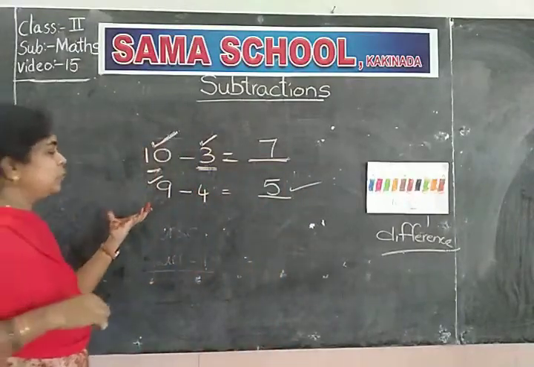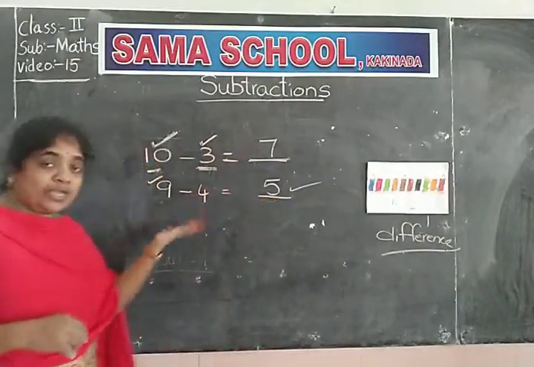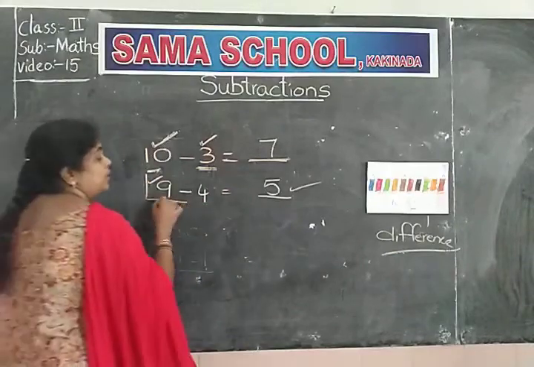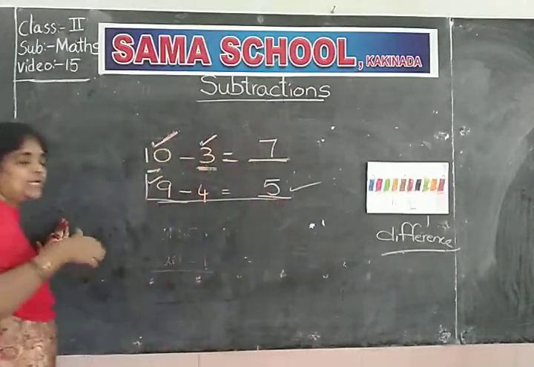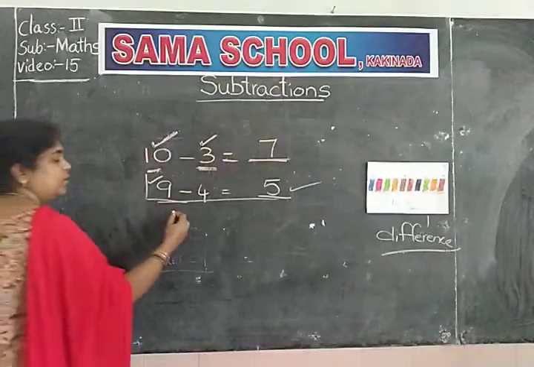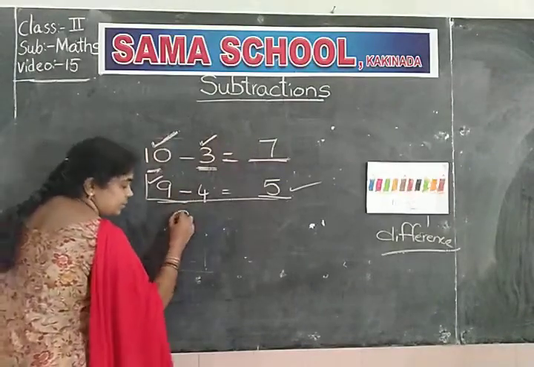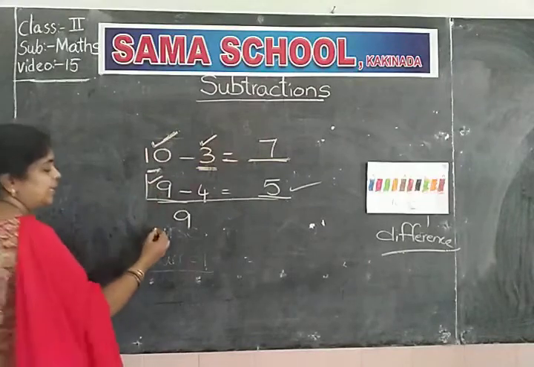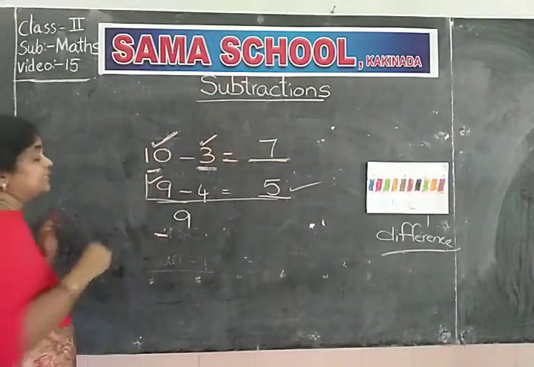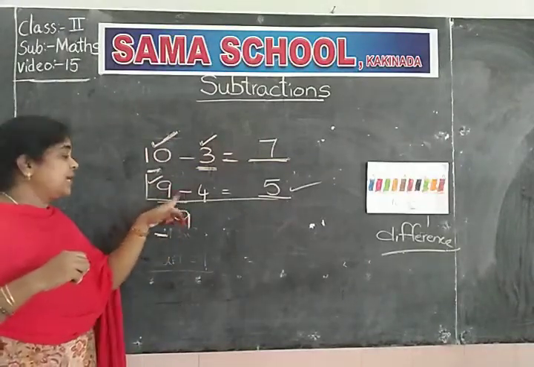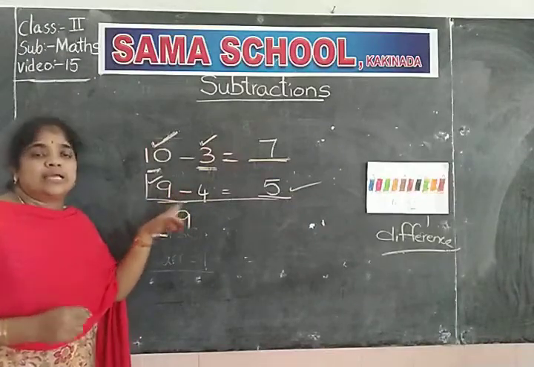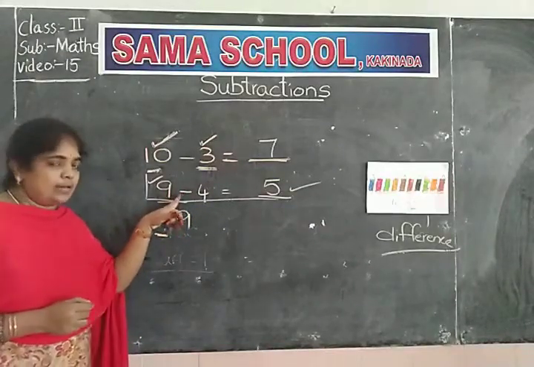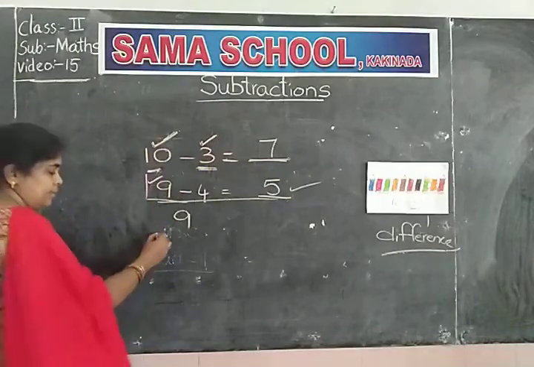This we wrote horizontally. We can write this problem in the vertical model also. How will we write that? See, 9. The same numbers I am taking. Beside it we have to write the sign. What is the sign of subtraction? Minus.